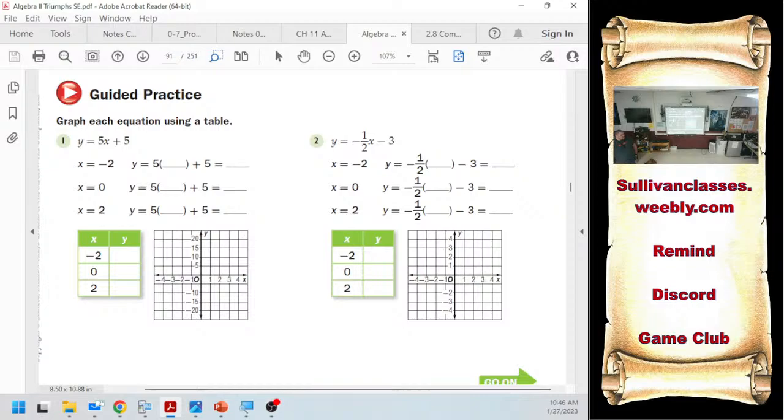And then I go, remember this, -x means left, -y means down. I'm going to go left 2, down 5.